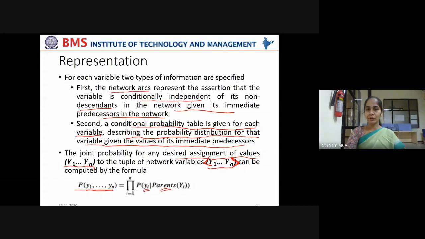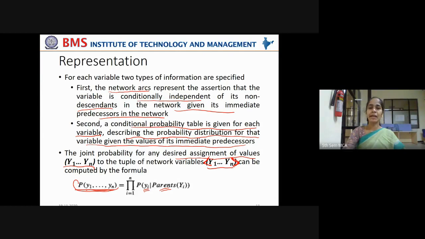So you use the product over i equal to 1 to n of the probability of each of those variable values given its parent variable values. It means probability of thunder equal to 1 given parent lightning equal to 1 or lightning equal to 0. If lightning equal to 1, probability of thunder increases. If lightning equal to 0, probability of thunder reduces. That is how you calculate the probability of each of the variables by considering its parent's probability.